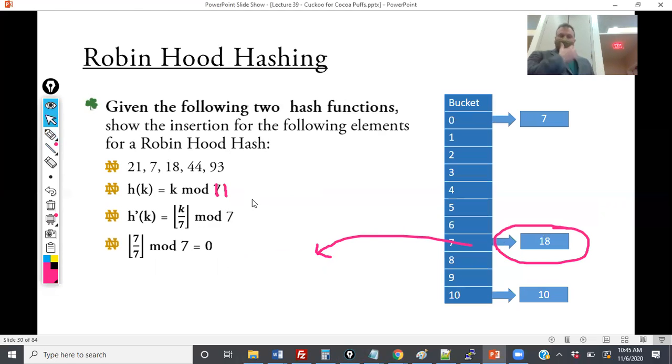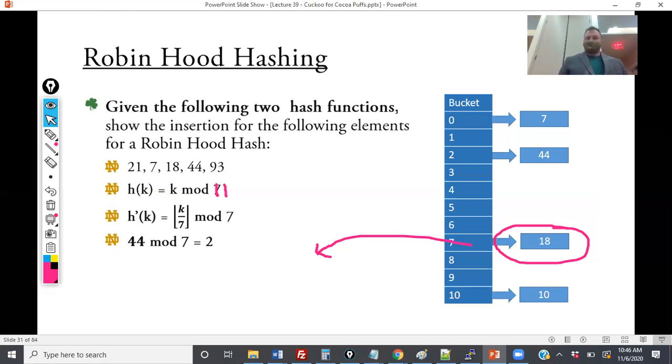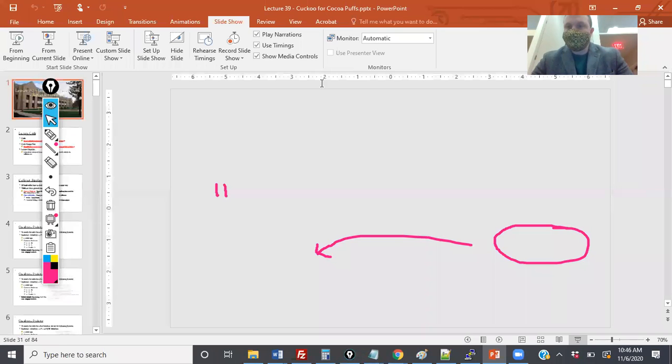So 7 mod 7 here gives us 0. A better function, and again, I apologize, would be 11 mod 11. But in this case, it's probably going to stay 7 mod 7 there. So for 44, 11 mod 11, you know what?